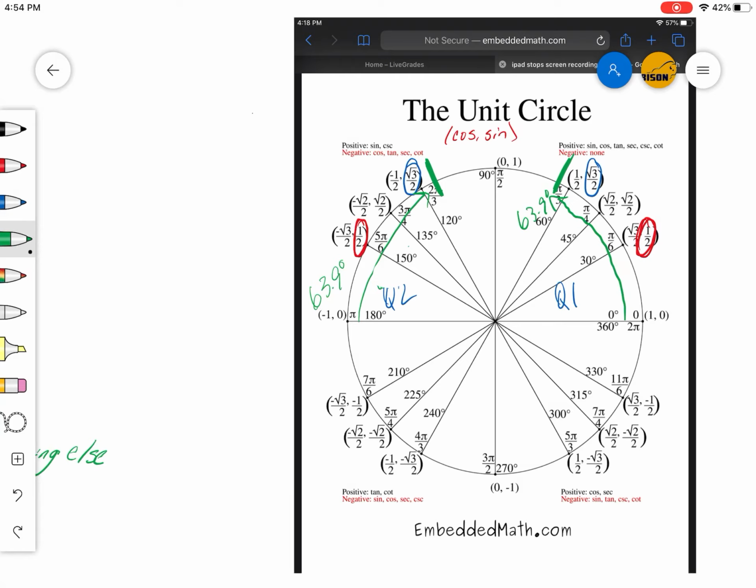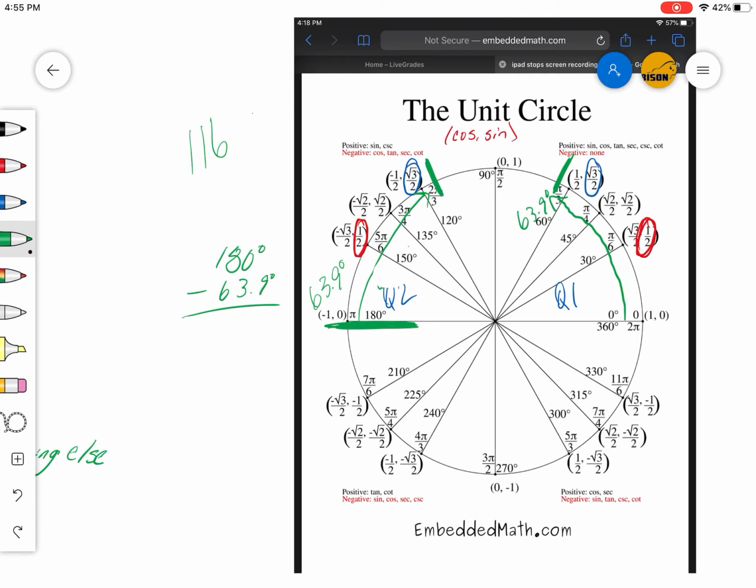So to come up with the second angle that B could be, I simply need to do 180 minus that 63.9 degrees that we were up. The reason for that being 180 is this spot right here. I know I'm 63.9 degrees up from 0. That means I'm also 63.9 degrees up from 180. So 180 minus 63.9 is going to give me 116.1.